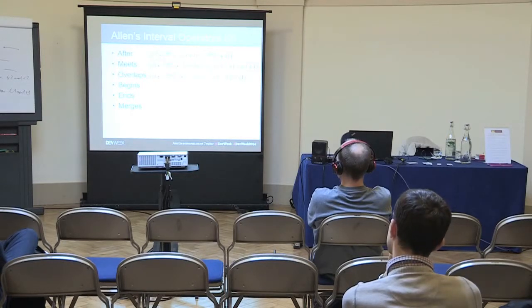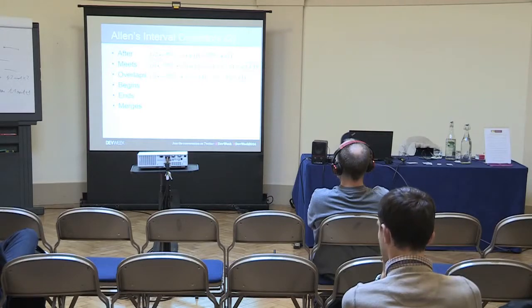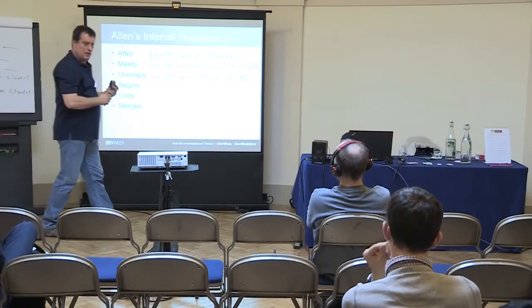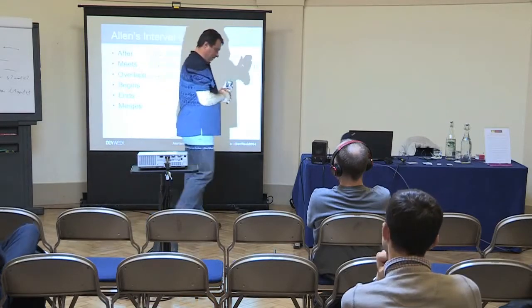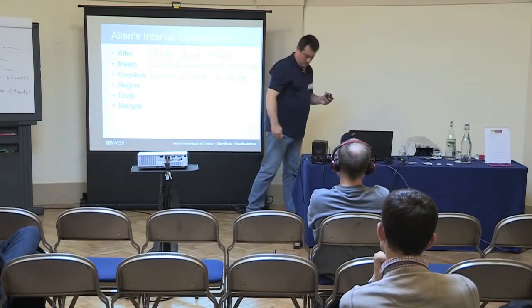It simply means that at least one begin, either this one or this one, must be in the other interval. So in this case, this begin is in this interval. In this case, this begin is in this interval, so they do overlap. In this case, this begin is not part of this interval, and this begin is not part of this interval, so they cannot overlap. So this is logically equivalent.